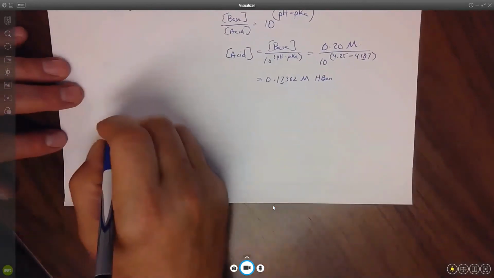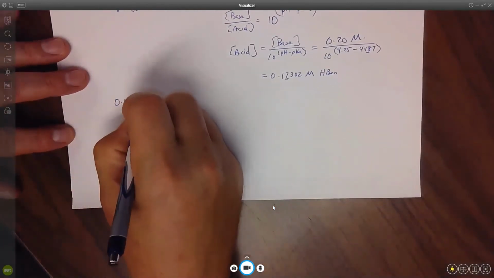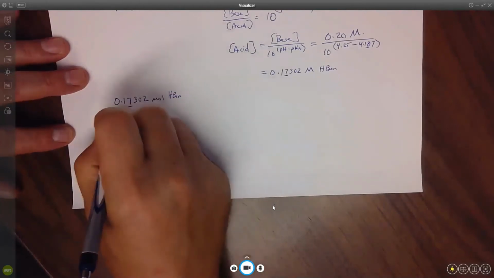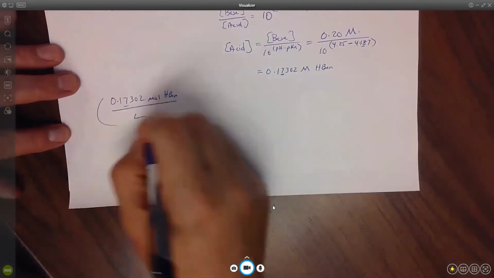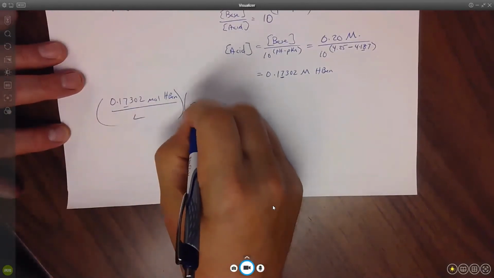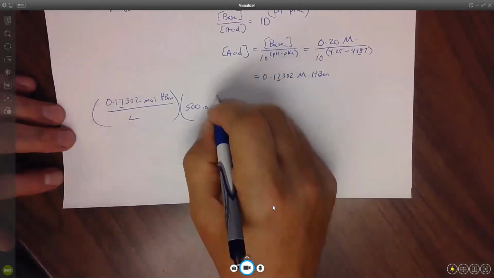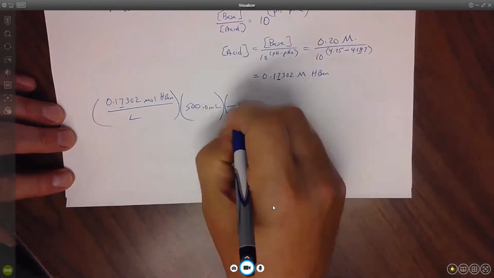Now that we have the molarity, again, this is 0.17302 moles of benzoic acid per liter of solution. Well, we're going to multiply that by the volume, 500 milliliters. Now, we've got to do a little conversion here because they are not being consistent.